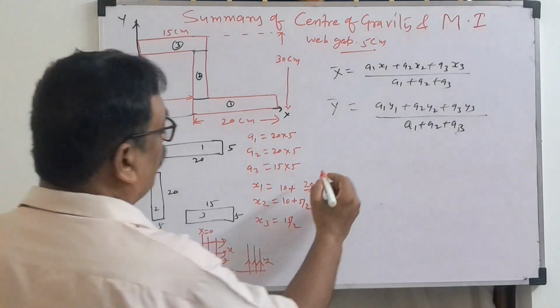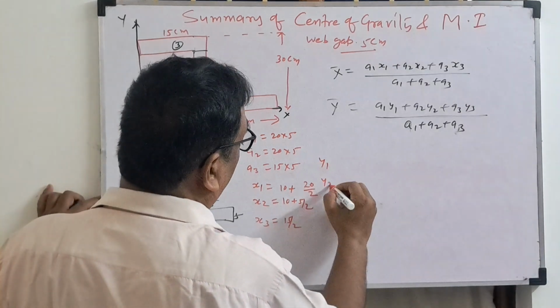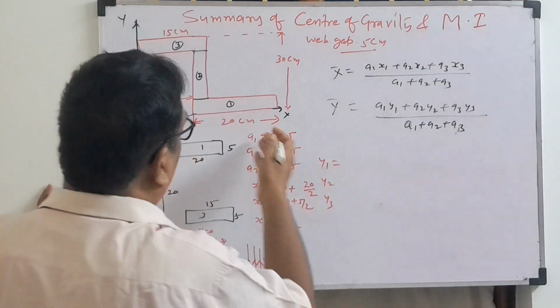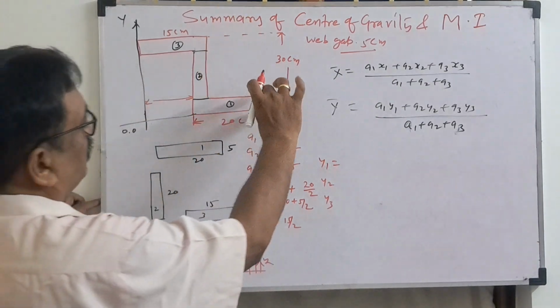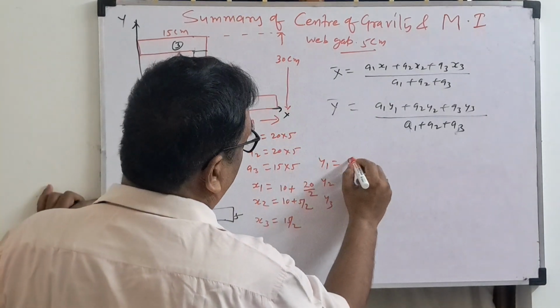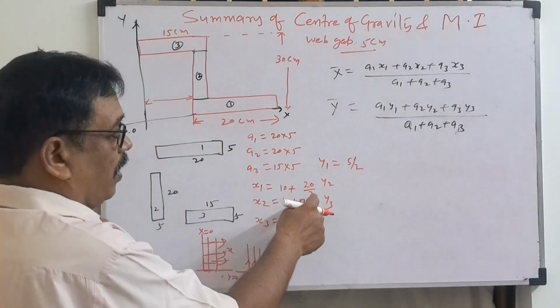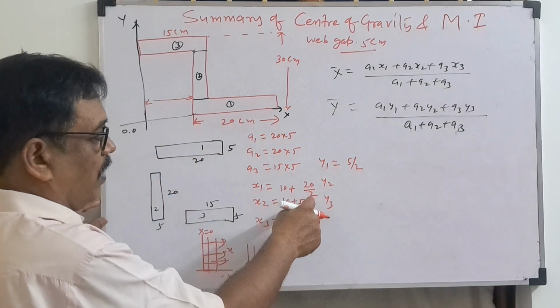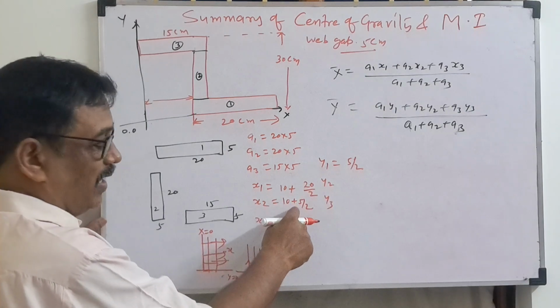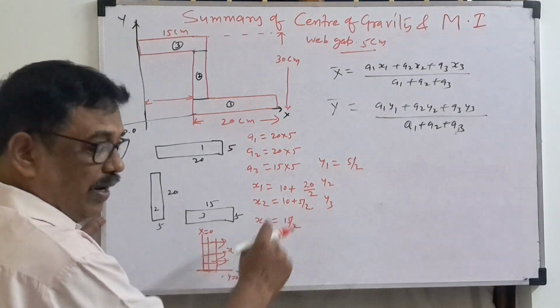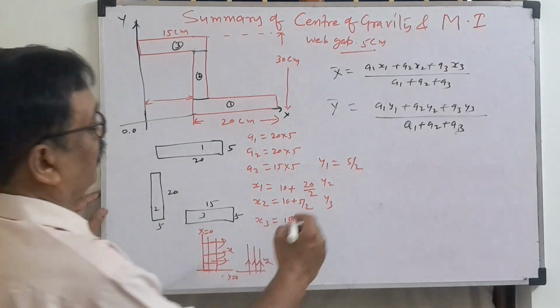Now y1, y2, y3 from the horizontal line. This thickness is 5, so 5 by 2. Always write in this format, 10 plus 20 by 2. If you calculate it comes 20, but don't write 20 directly. Don't write the calculation part; write 10 plus 5 by 2 like this. It will be easy for the examiner.